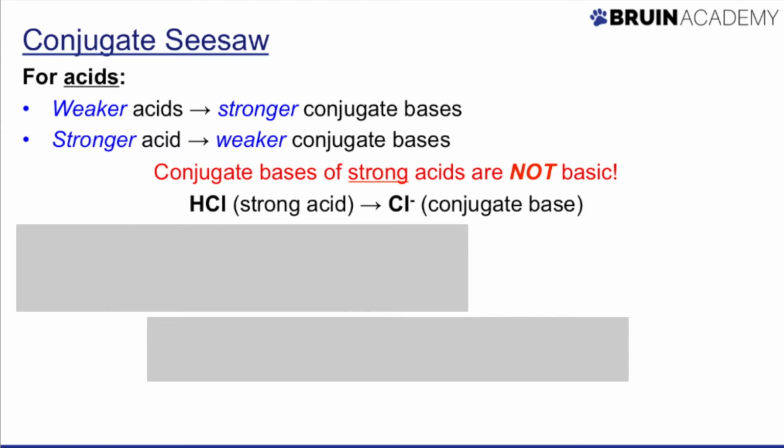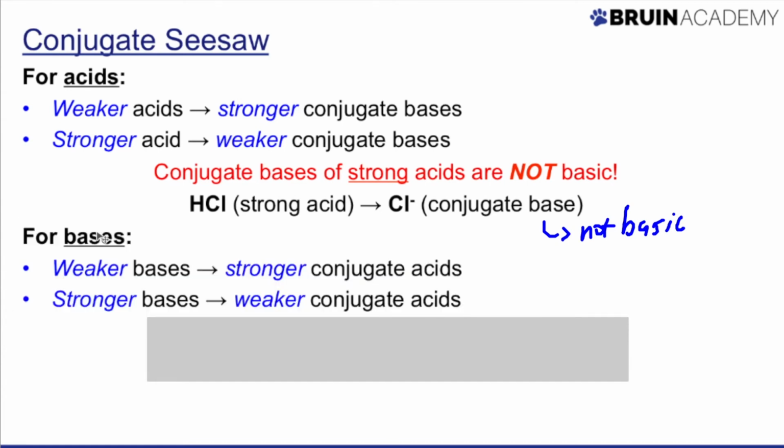For instance, if you look at HCl, HCl is a strong acid. The conjugate base is Cl minus. Cl minus has no basic properties. So I can say not basic. So Cl minus by itself will not affect the pH of a reaction or a given solution because it's the conjugate base of a strong acid. And because the acid's so strong, the conjugate base is very weak, it's not basic at all.